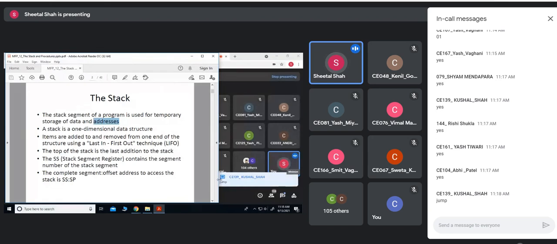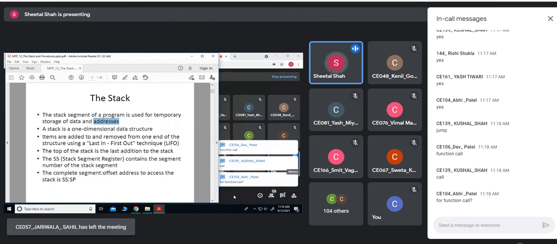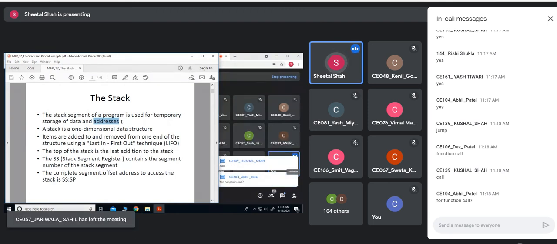In a jump instruction, we don't store the return address. In the function call, very good. While we call the function, the return address should be stored into the stack.